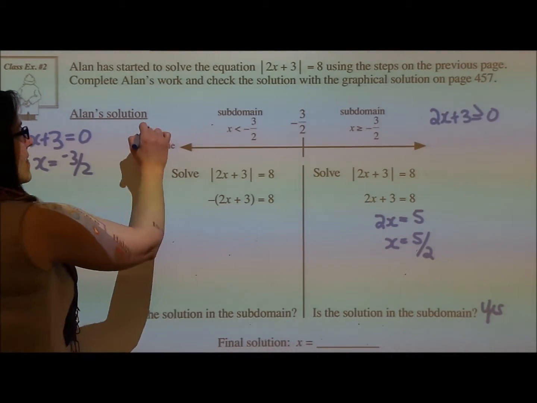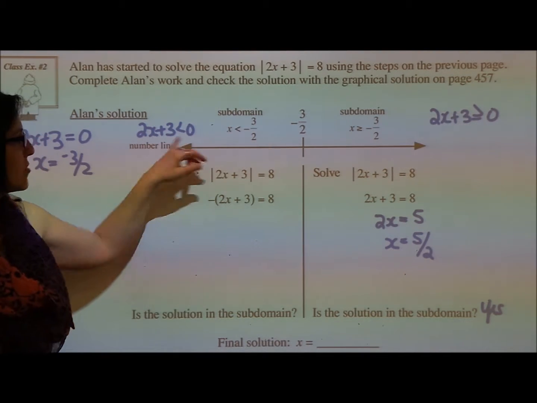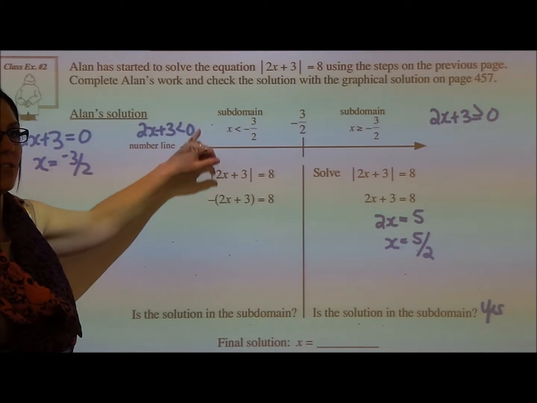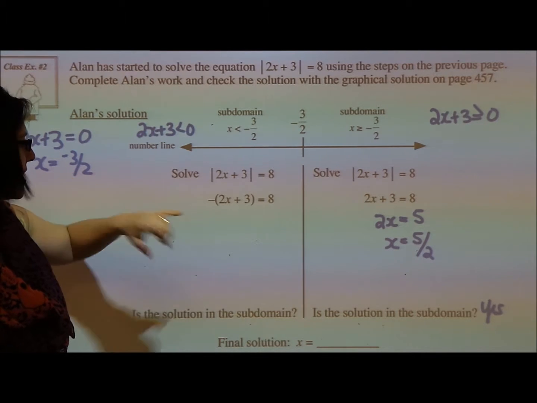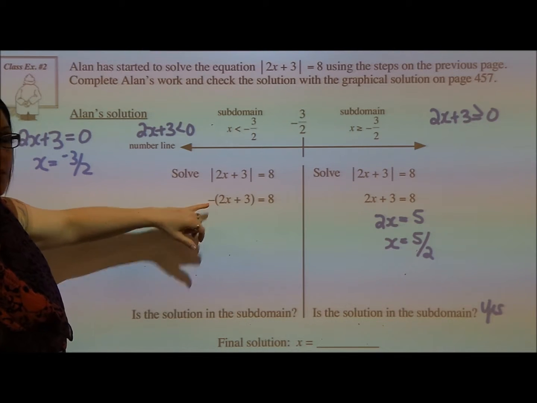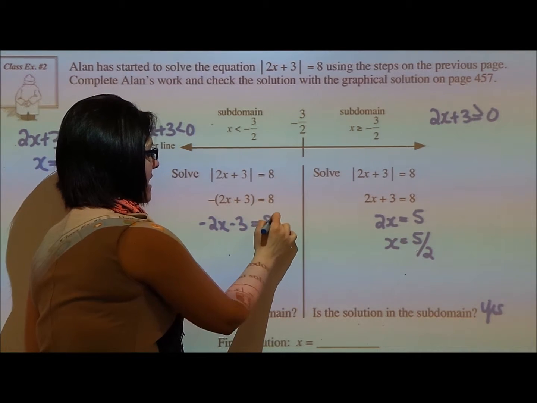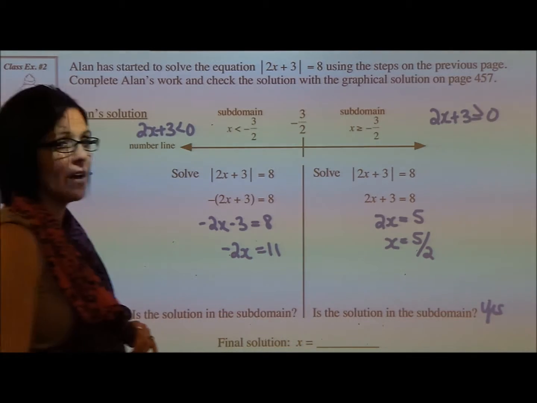The other side, this is the part where 2x plus 3 is less than 0. So I get less than negative 3 halves, which makes this negative. When is this less than 0? When this value here is a negative. So I put a negative in front of it. So I get negative 2x minus 3 equals 8. Add 3 to each side, and I get 11.